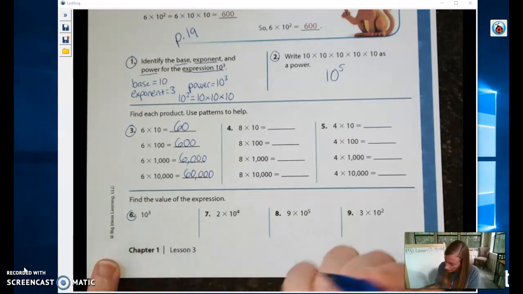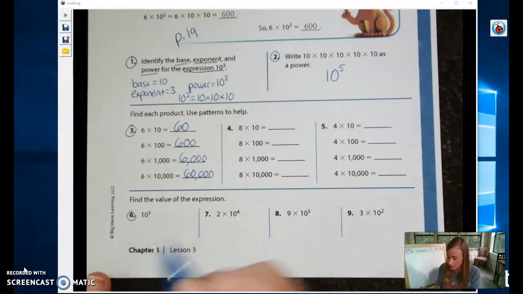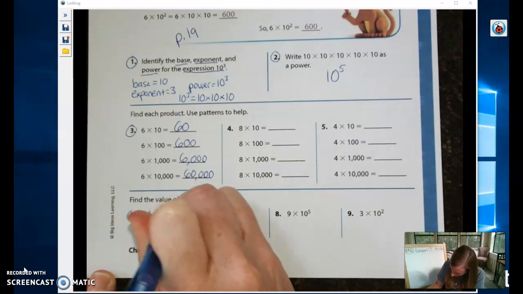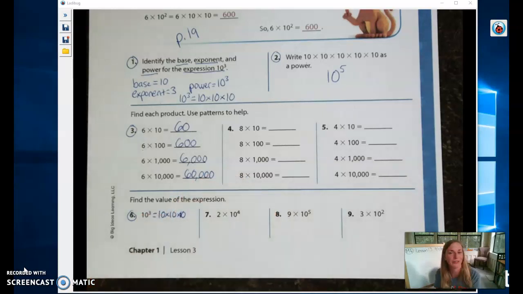So 10 to the power of 3, we know that the base is 10, and we're multiplying 10 by itself 3 times because this exponent is 3. So that's going to be 10 times 10 times 10. Whoops! It would help if I actually wrote the number 10. So how do we solve this? Well, just like whenever you're adding multiple numbers, multiplying multiple numbers, I like to just start with 2 at a time.